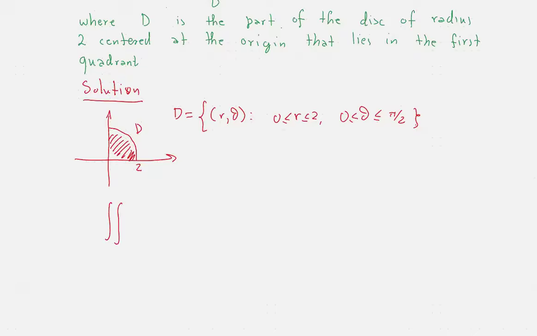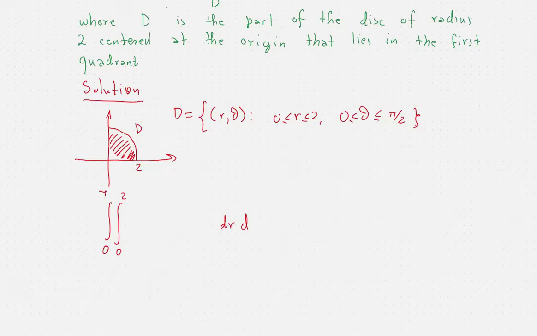So this will be 0 to 2 dr and 0 to pi over 2 d theta.